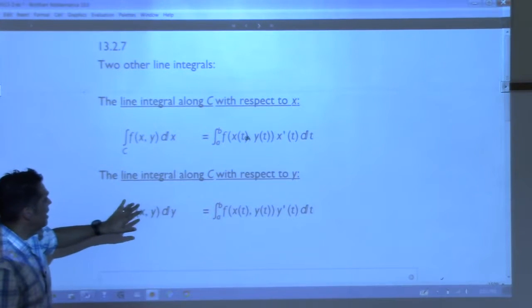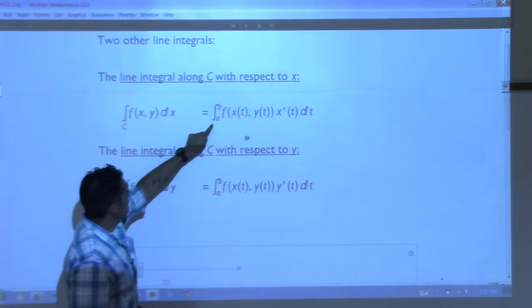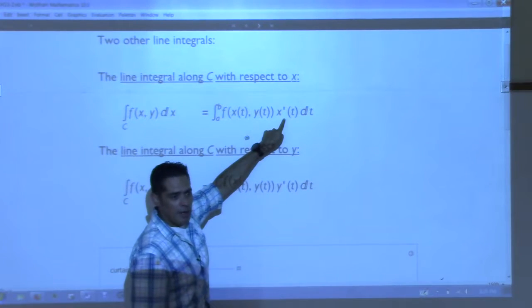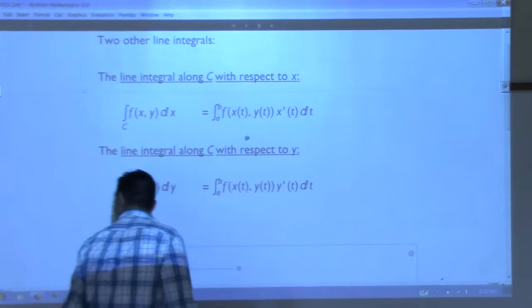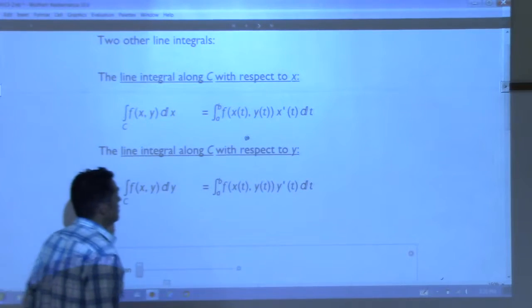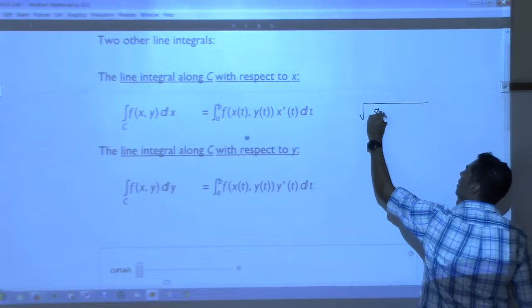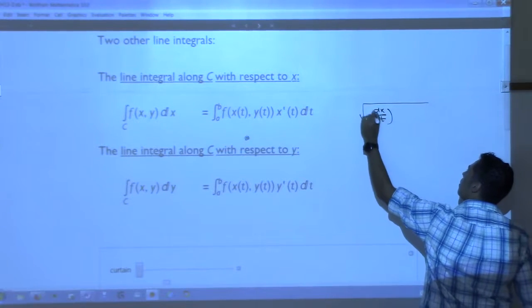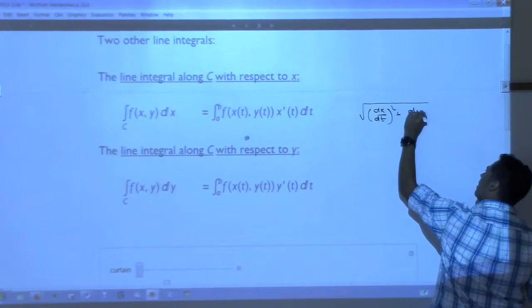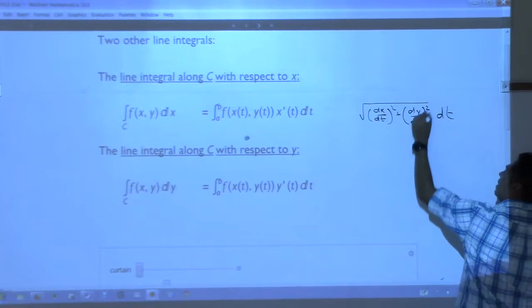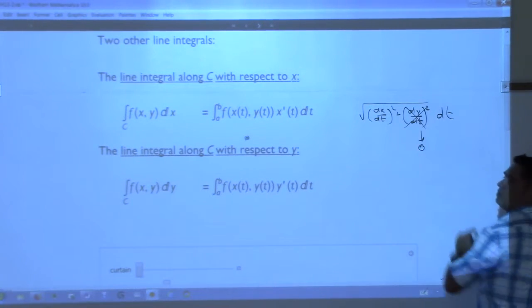And so look at the change in the formulas. Same, different, right? So this part right here, x prime of t, I want you to see what that is. What it's doing is it's taking this formula dx dt squared plus dy dt squared dt, and it's zeroing that out.